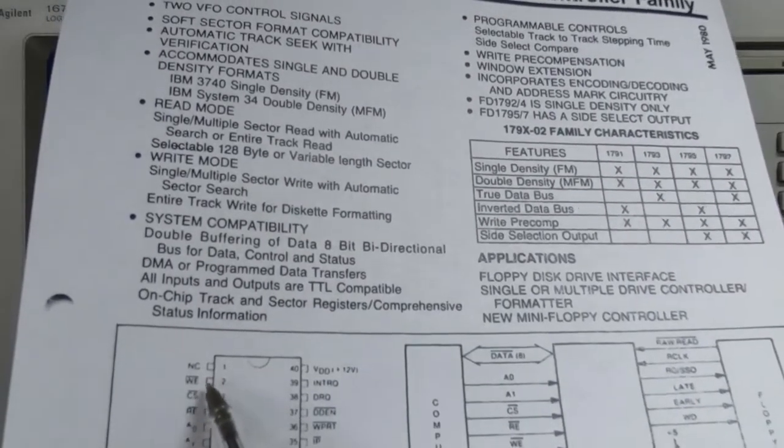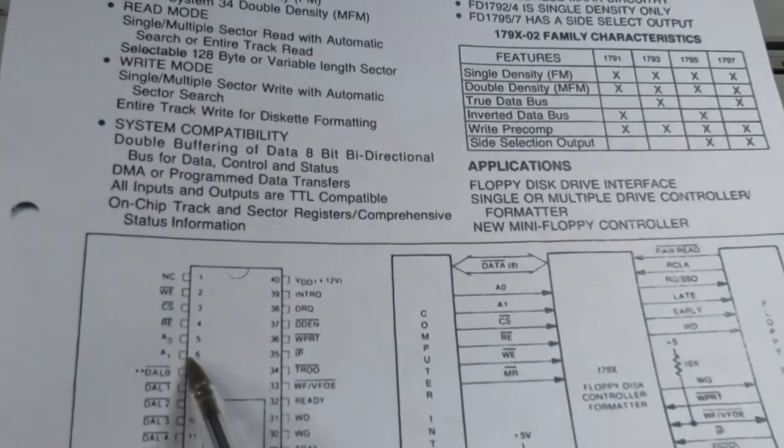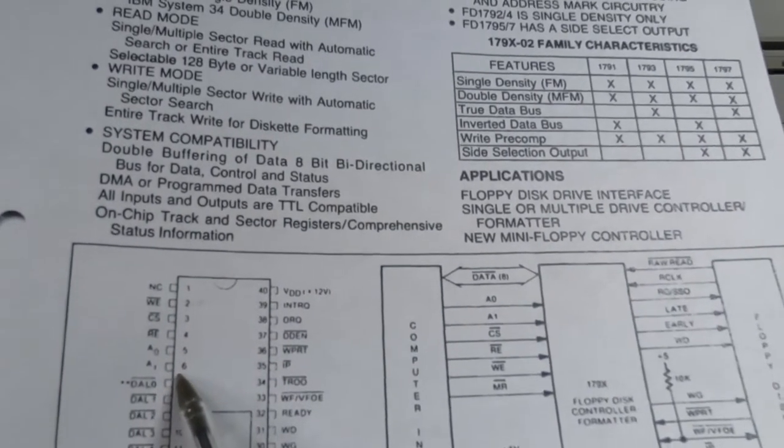We've got write enable, chip select, read enable, and then we've got these two lines labelled A0 and A1.